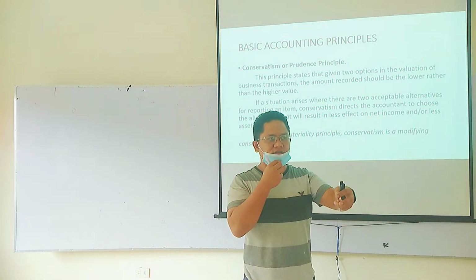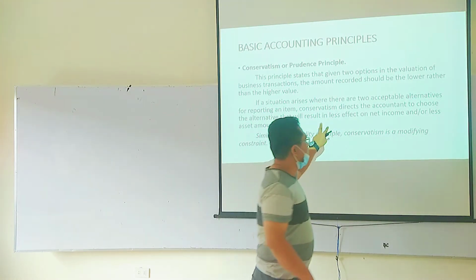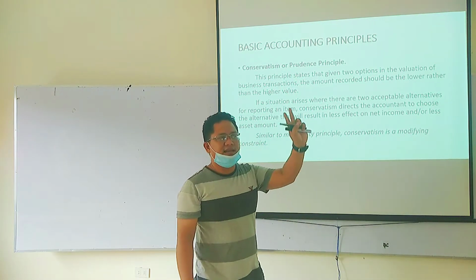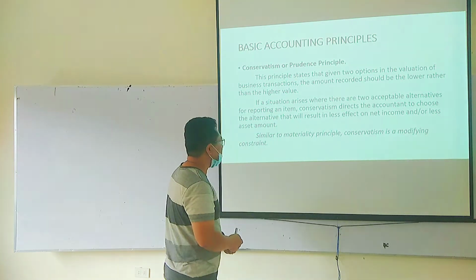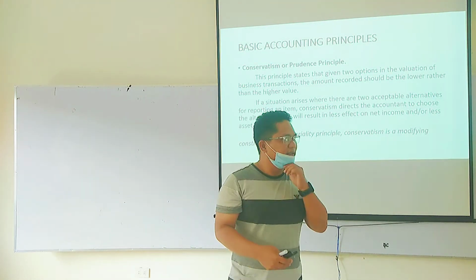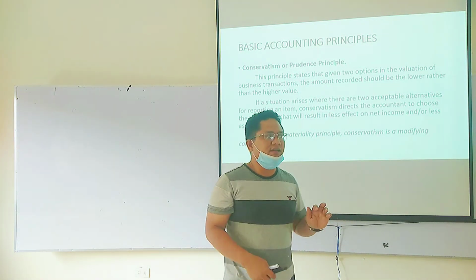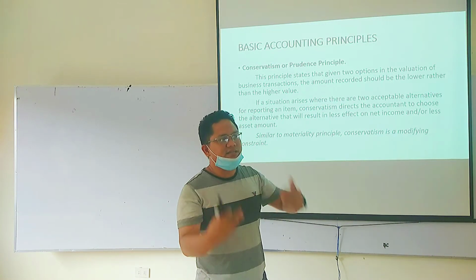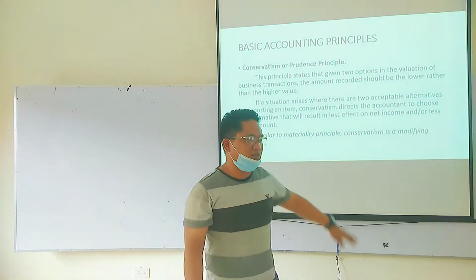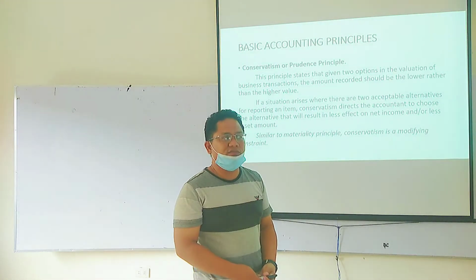If we provide for a lawsuit, we will recognize losses in our books, so the net income will be lower and assets lesser, because our liability will increase. So conservatism or prudence doesn't mean the intentional or deliberate lowering of assets or income, but rather we only provide for lesser income when faced with situations that require provisions. You are just being conservative, not deliberately distorting the financial statements.